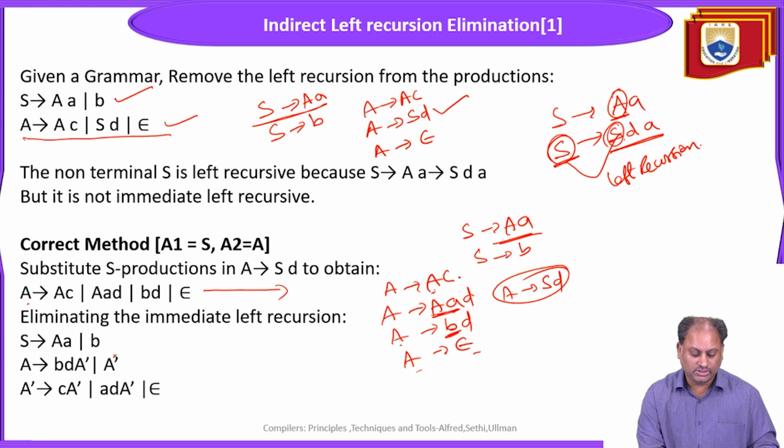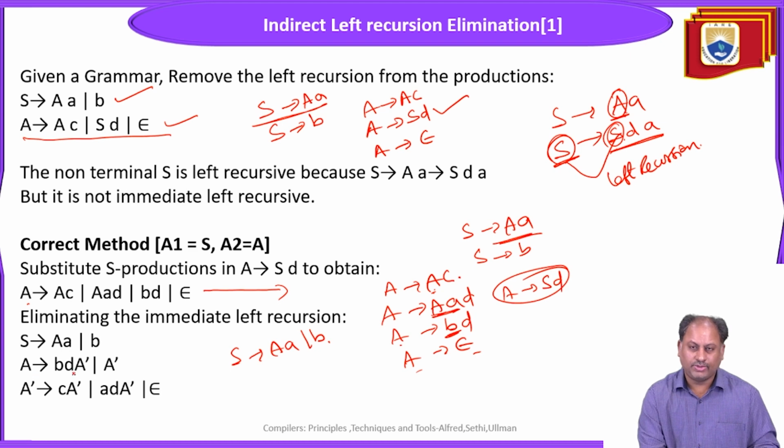So in these cases, we eliminate the immediate left recursion by applying the procedure. Here, S derives A a and b.